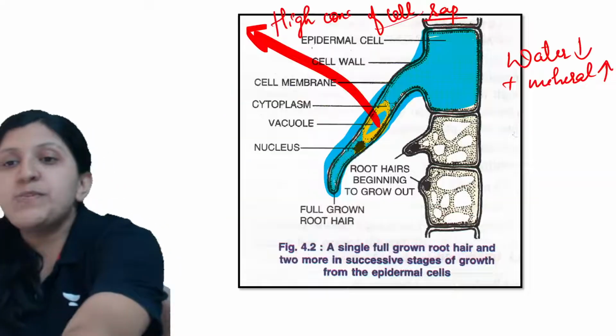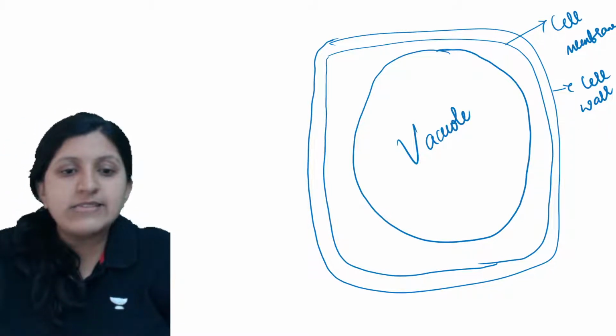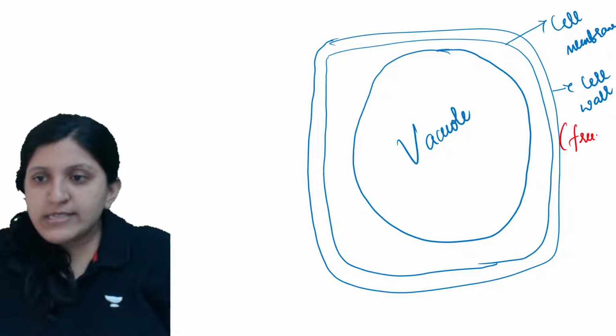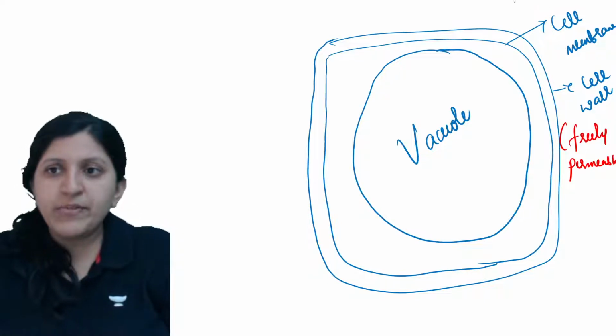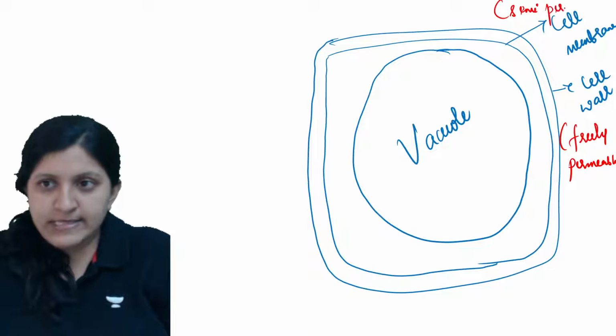Whenever we draw a cell wall, we always say that the cell wall is freely permeable. And the cell membrane is partially permeable, or we say semi permeable.